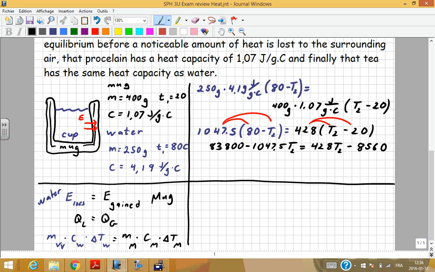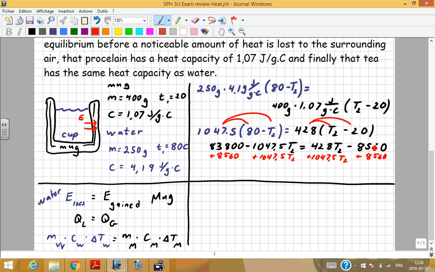Okay, so now I want all my numbers on one side and all my temperatures on the other side. So for this, still more algebra. Because T is positive on the right, I'll leave it there. It doesn't make any difference if you want it on the right or the left. So I have to do plus 8560 on both sides. And I also have to do plus 1047.5 T2 on both sides.